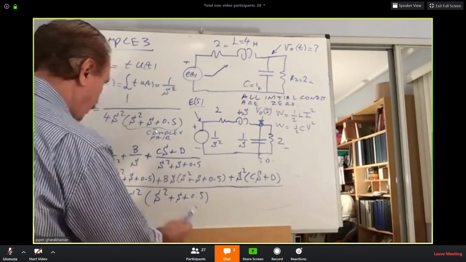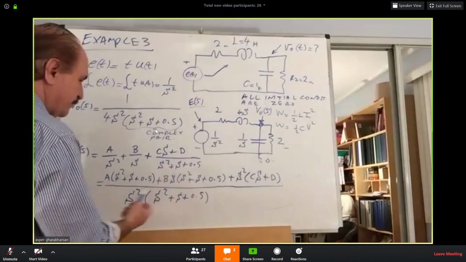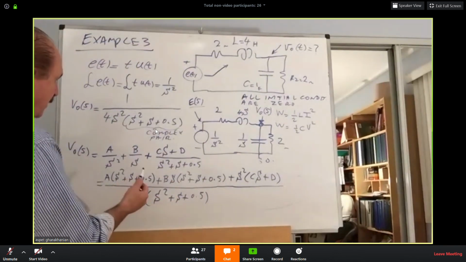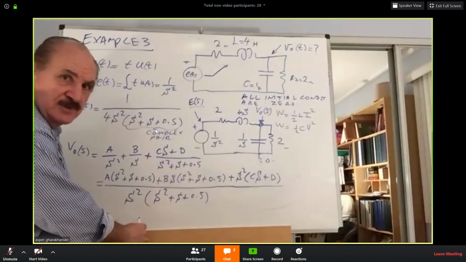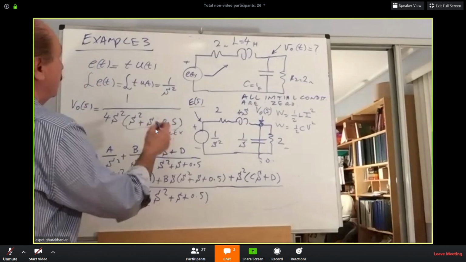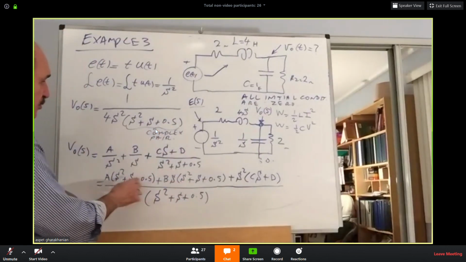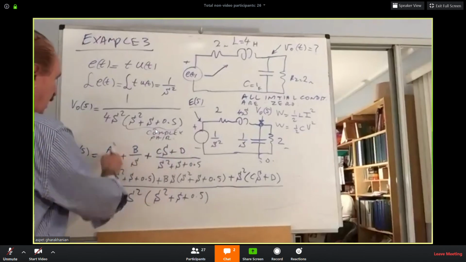The highest power is B S cubed. I don't have room there to show you, so let me go back one line higher.